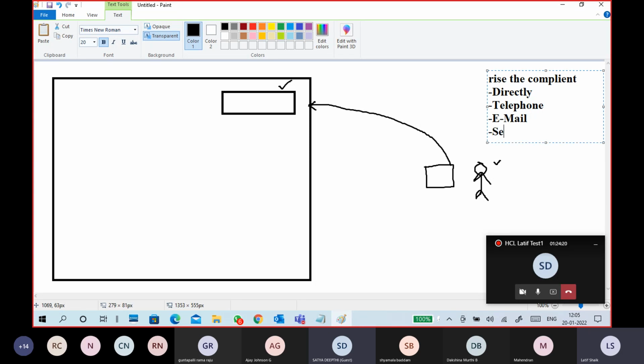Maybe any self-service portals. With a self-service portal, you can directly open their website, and there is a complaint box. You can go to the complaint box also; that is called self-service portals. Or we can say help desk tools, service desk tools.